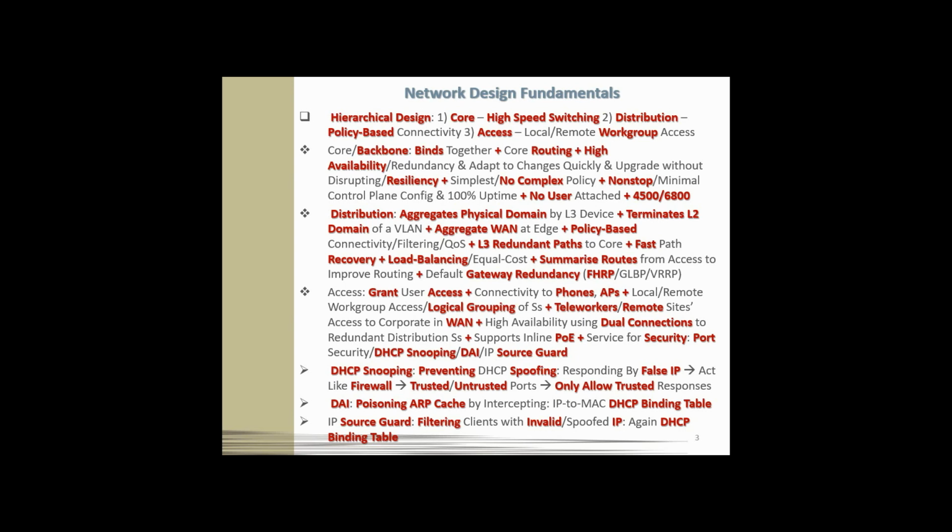They are all aggregated into distribution layer. And for that, distribution layer uses a module or layer 3 device like multi-layer switch. That's why distribution layers sometimes may aggregate WAN connections at the edge of campus.